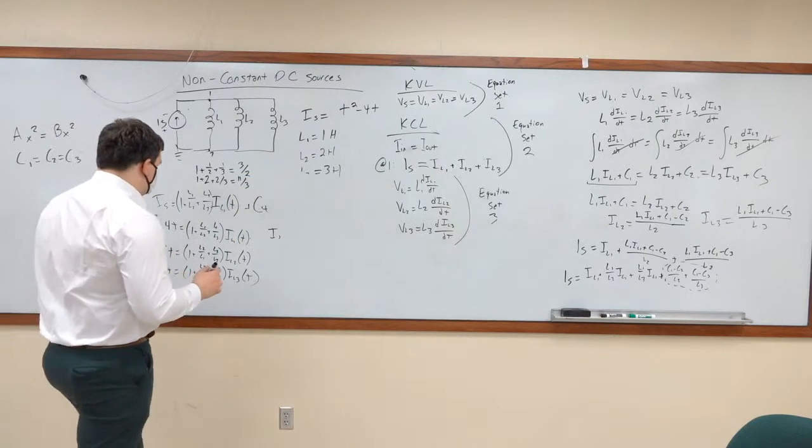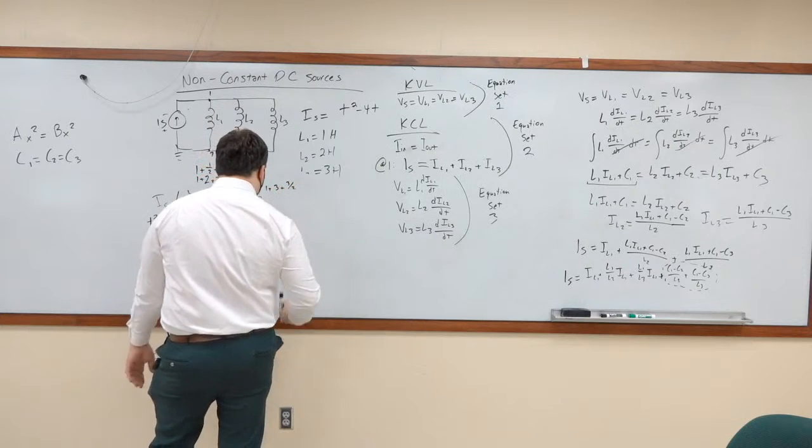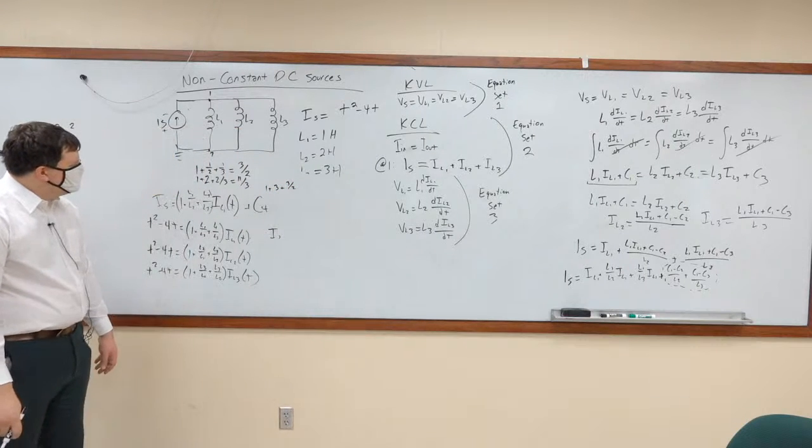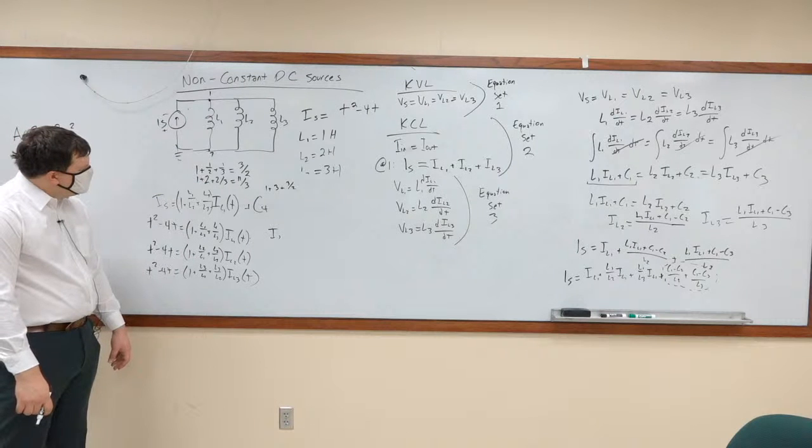And then this last one is 1 plus 3 plus 3/2, which is equal to 9/3.